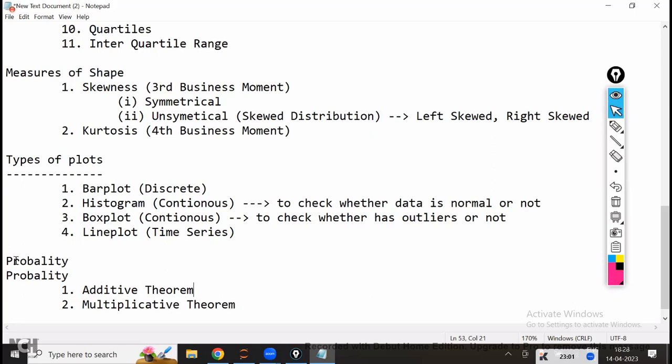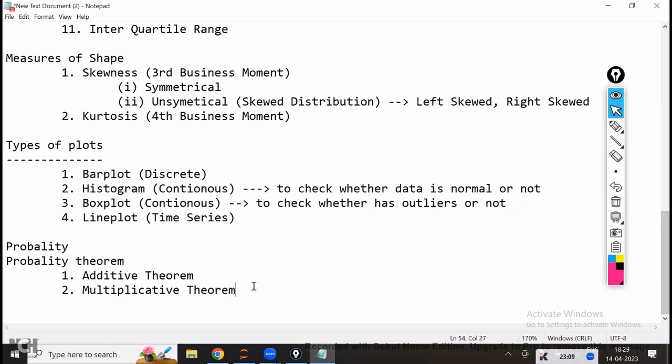So two types of probability theorems: the first one is additive and the second one is multiplicative.